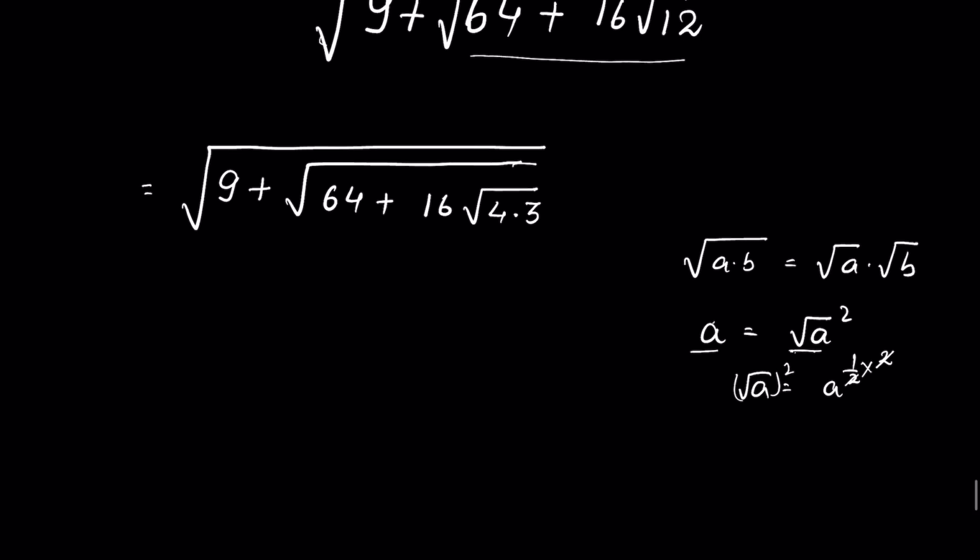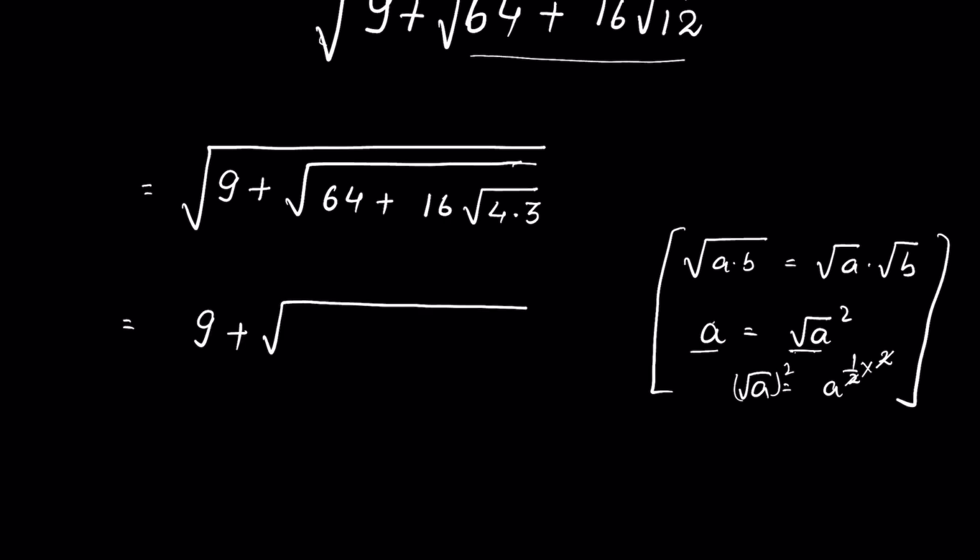So using these two concepts, here we can write 9 plus square root of 64 plus 16 times the square root of 4 times square root of 3, all under square root.